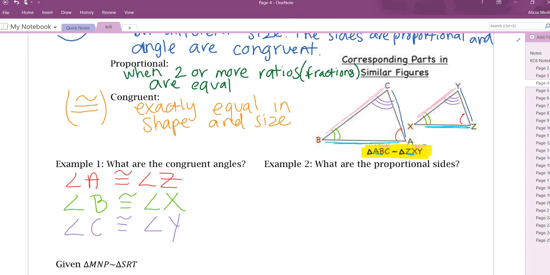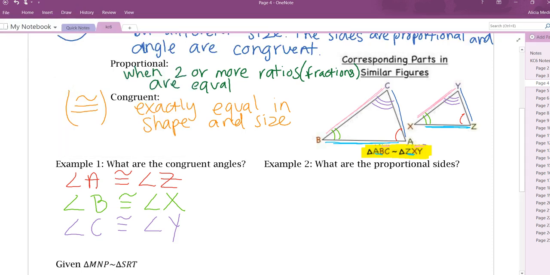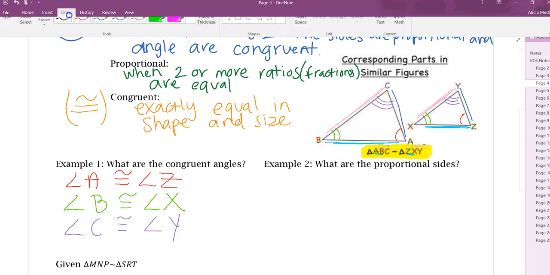Example 2, what are the proportional sides? So proportional sides, we set them equal and we set them up kind of like a fraction, but it's going to be the ratio between the sides. So our first side here, I'm going to say AB. AB is actually what I wrote in blue.